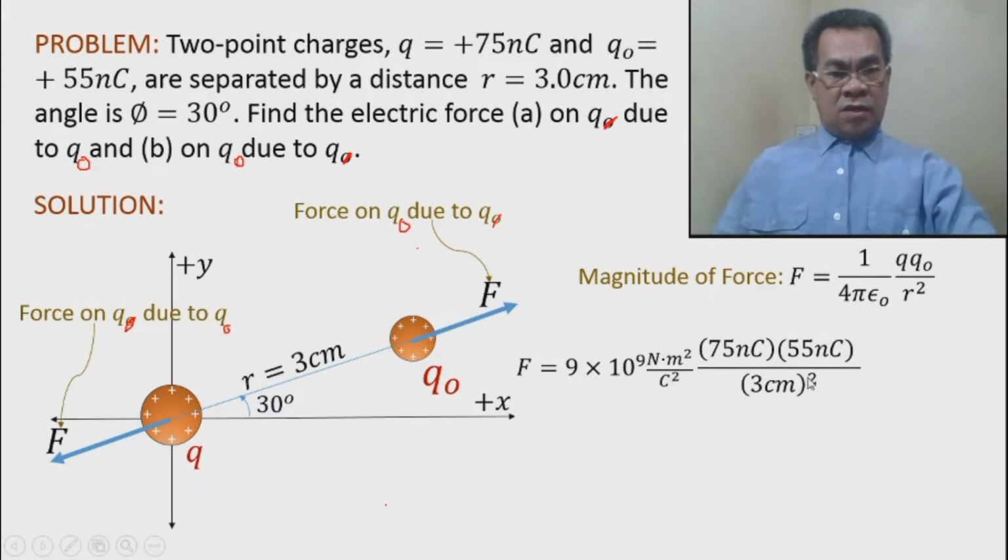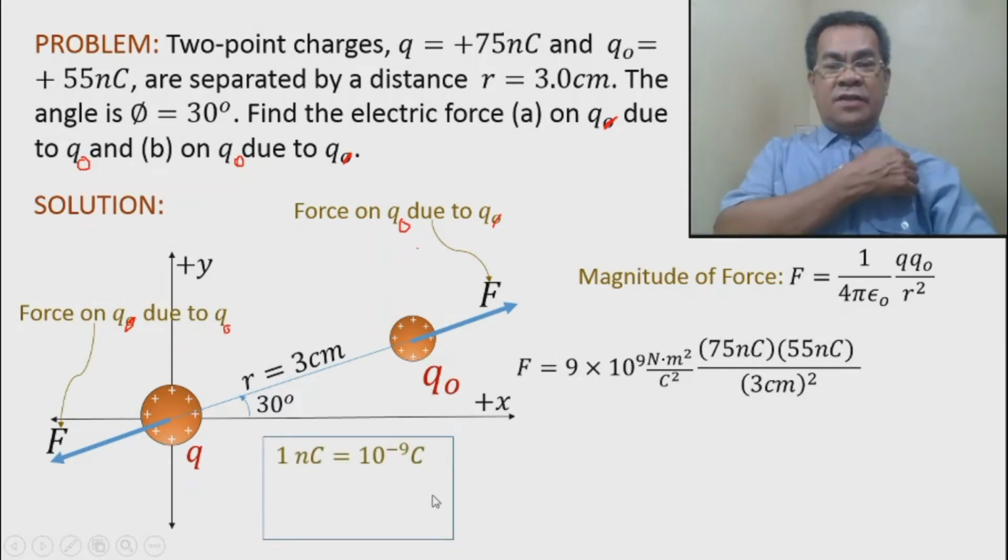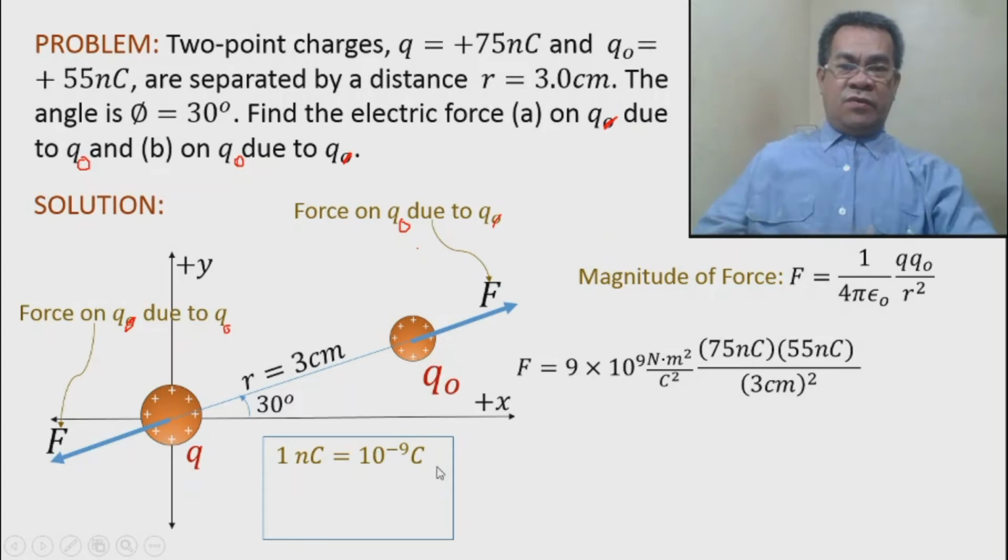Okay, now look at the unit. The unit is inconsistent. Why? Because we cannot cancel Coulomb, because this is nano. And this centimeter cannot be cancelled to meter. So all you need to do is convert these so that it will provide consistent units, so that we can cancel. So you have to recall your conversion factor. When we say nano, remember, 1 nanocoulomb is 10 raised to negative 9 coulomb.